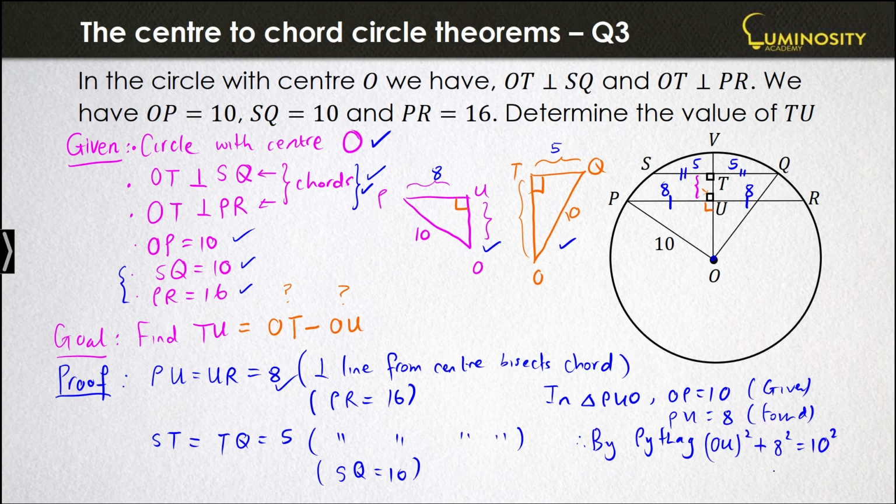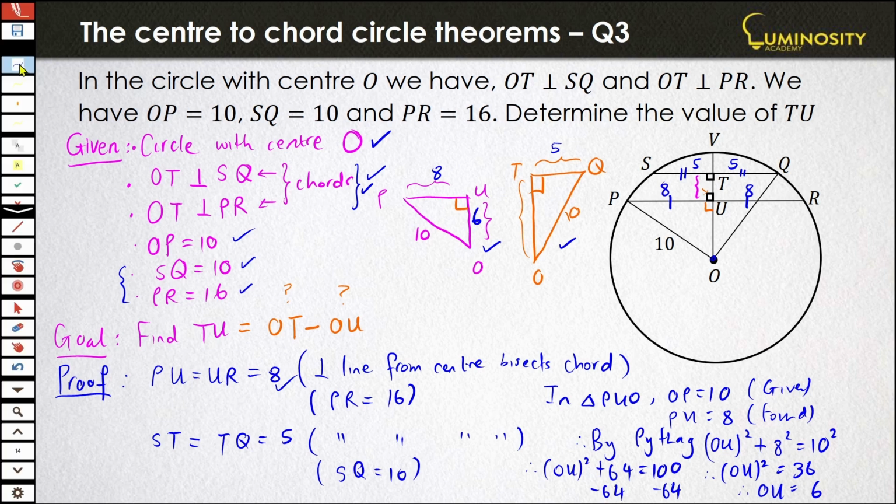So now we have an algebraic equation: OU squared plus 64 equals 100. Subtracting 64 on both sides, OU squared equals 36. When I take the square root, I get a positive or negative algebraically, but from the context of the question, we have a side length of a triangle. So OU must be the positive square root of 36, which is just 6. So this is 6 units long.